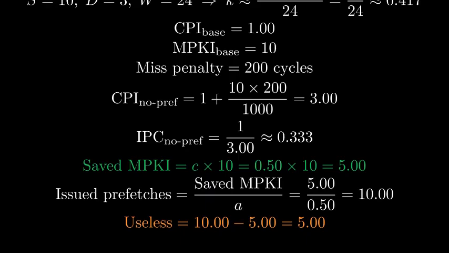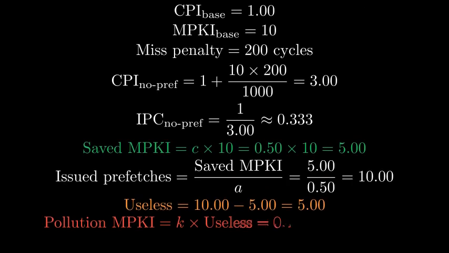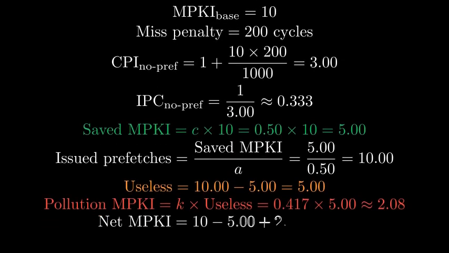Issued prefetches per 1,000 instructions are saved misses divided by accuracy, which is 10. So useless prefetches are 5 per 1,000 instructions. Using our K metric of about 0.417, pollution misses are K times useless prefetches, about 2.08 per 1,000. Therefore, the net MPKI equals 10 minus 5 plus 2.08, which is 7.08.